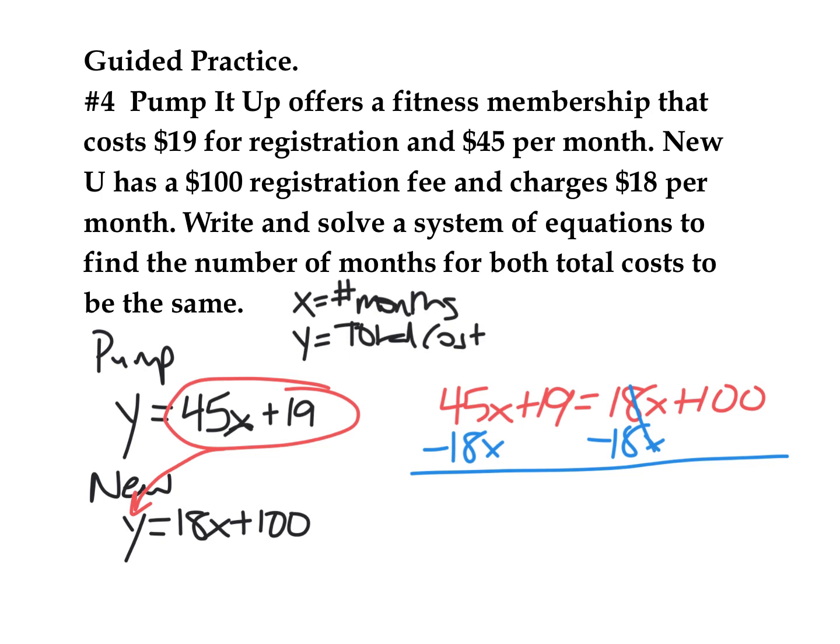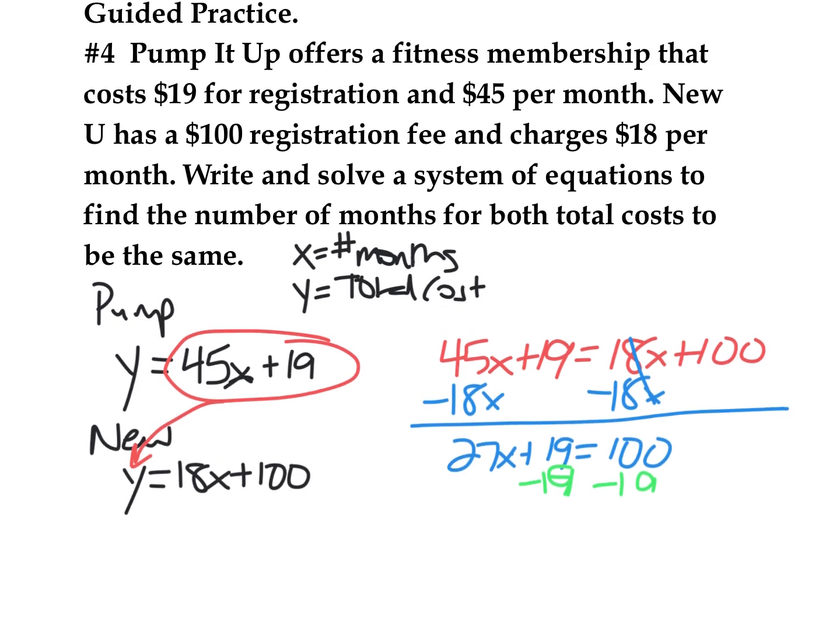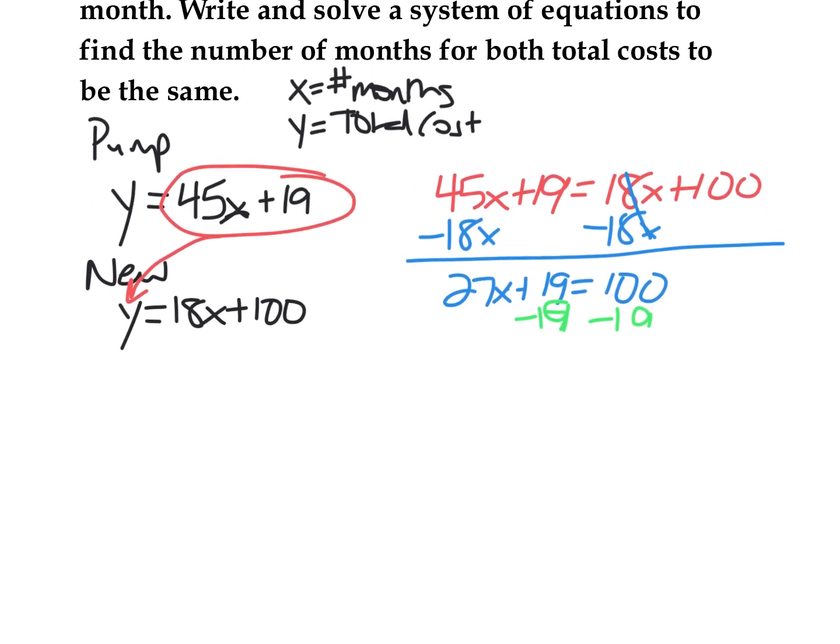That's going to give me 27x plus 19 equals 100. Then I can subtract 19 on both sides, and we're going to get 27x equals 81. Then we can divide by 27, and I get x equals 3.